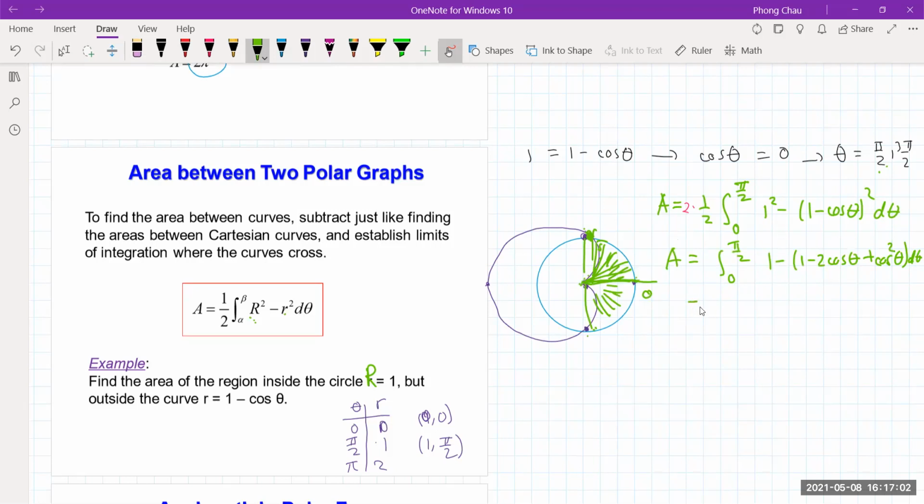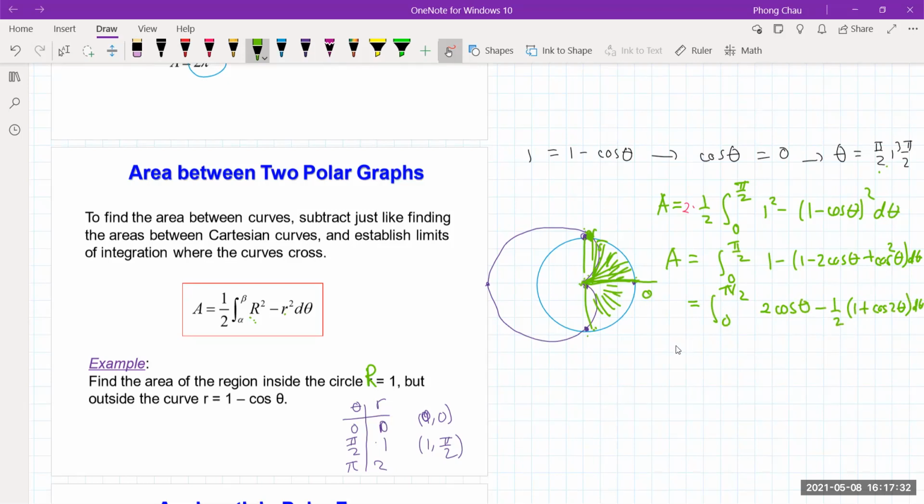Let's clean up a little bit. You have the integral from 0 to pi half. 1 minus 1 is 0. I have positive 2 cosine theta minus cosine squared. Again, with cosine squared, you have to rewrite it using the identity: it's half of 1 plus cosine of 2 theta, d theta.